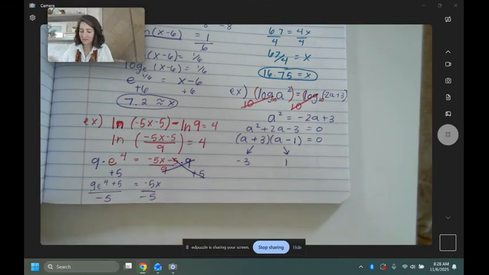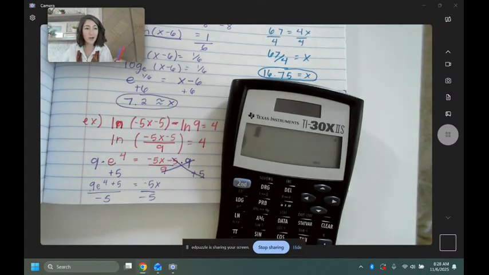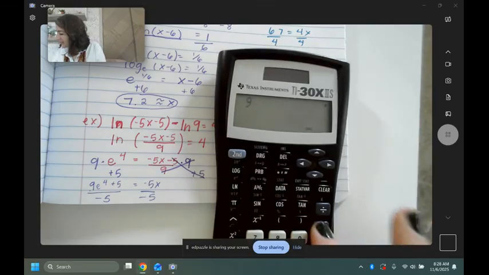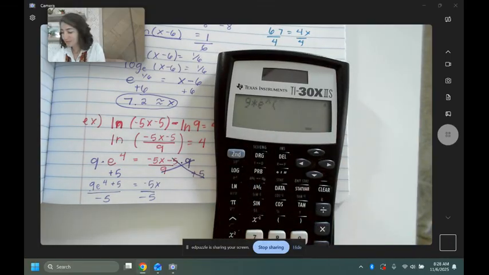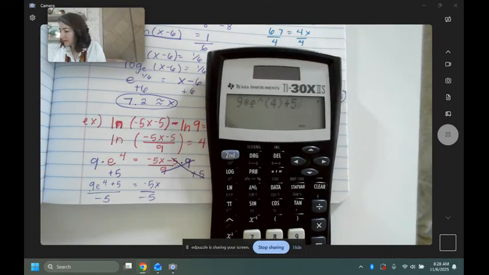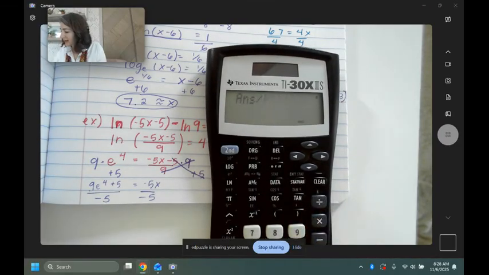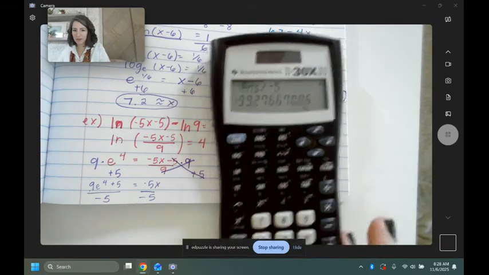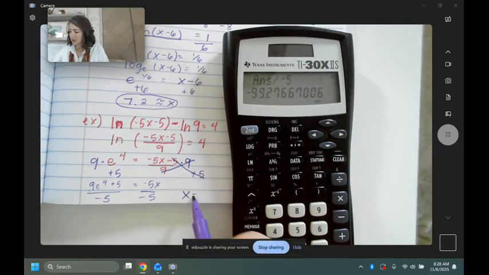I like to type it all in one if you can. Anytime you've got an e, it's just going to be a nice long decimal. All right, 9 times e raised to the 4 plus 5, divided by negative 5. So x is right about negative 99.3.